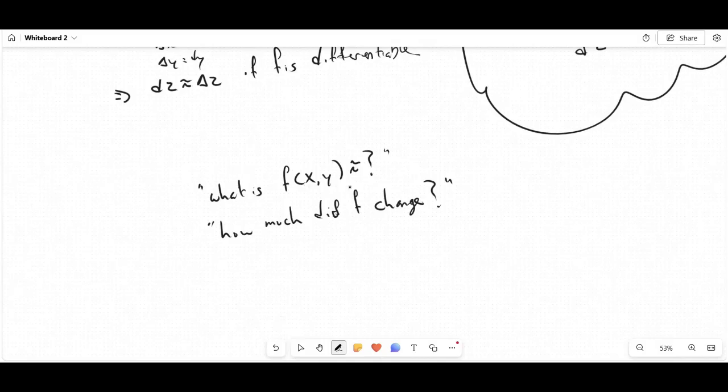What is the value of the function at the new point is one kind of question. For that, you would use a linear approximation. How much did it change? You would use dz. That's the only difference. There are these two kinds of questions.